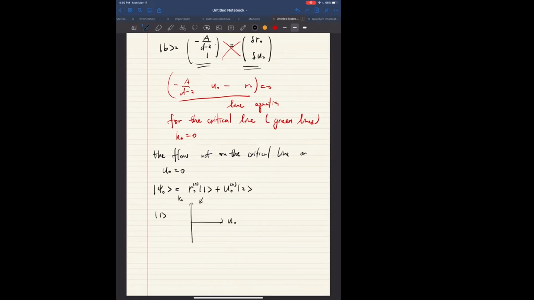So the 1 vector corresponds to a unit vector pointing along the y-axis. The 2 vector is the unit x vector, which is pointing along the u-naught direction, right? So any point in here can be expressed in terms of this one, right?